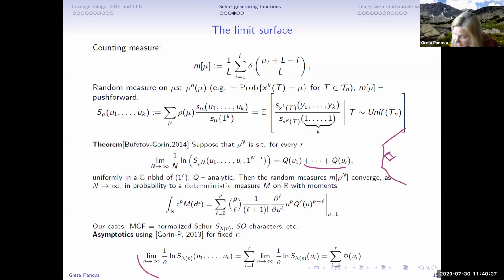But it's actually the same as the R transform, or whatever it corresponds to, for the last lozenge tiling here, because we can just take r equal to 1 and it's going to be the same Q.